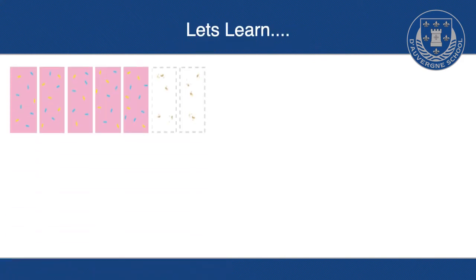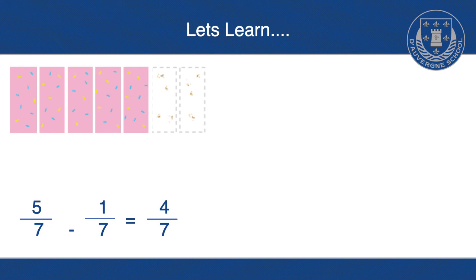But Ruby said that she ate 1 more piece. So if we had the 5/7 and Ruby ate 1 more 7th, we're taking that away, aren't we? So 5/7 take away 1/7 equals 4/7.